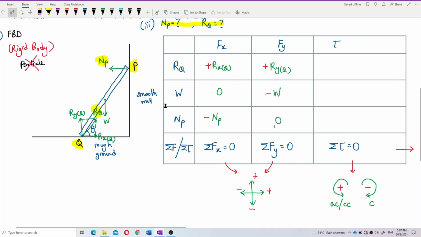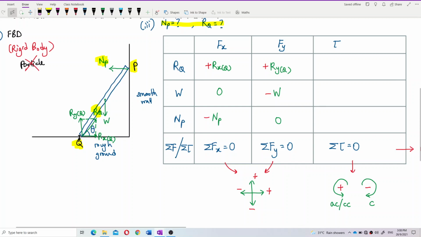To set the axis of rotation, we need to be clever. We try to put the axis of rotation at the point which is the most complex, the point which has the most forces. Look at which point, the point P, the weight, or point Q. Which one is the most complex?